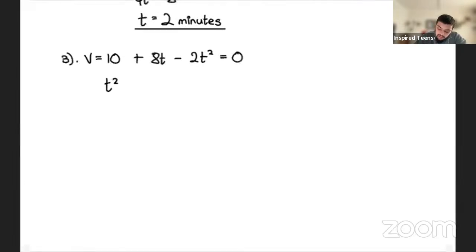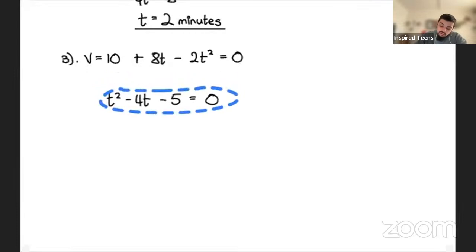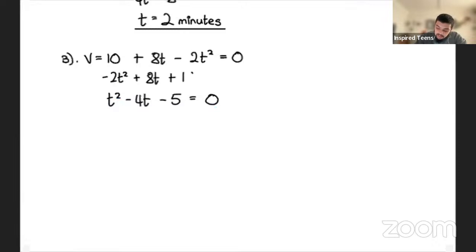Let me not confuse anyone, I rearranged it: negative 2t squared plus 8t plus 10 is equal to 0. Then I divided everything by negative 2, including 0. It's an equation, so I'm just simplifying it. You get t squared minus 4t minus 5 is equal to 0, and you can factorize this to solve for the time at which the volume will be 0.